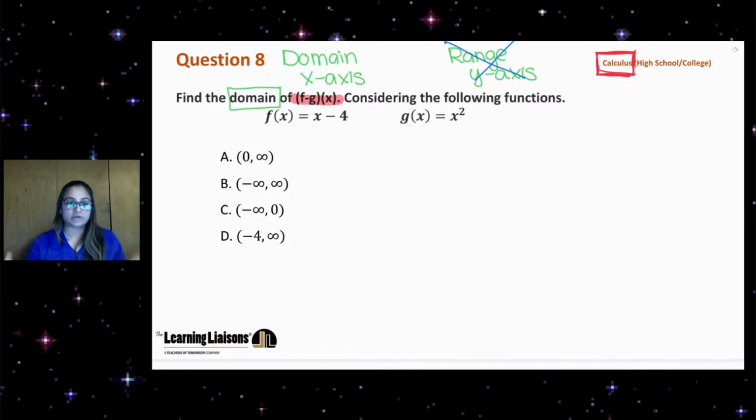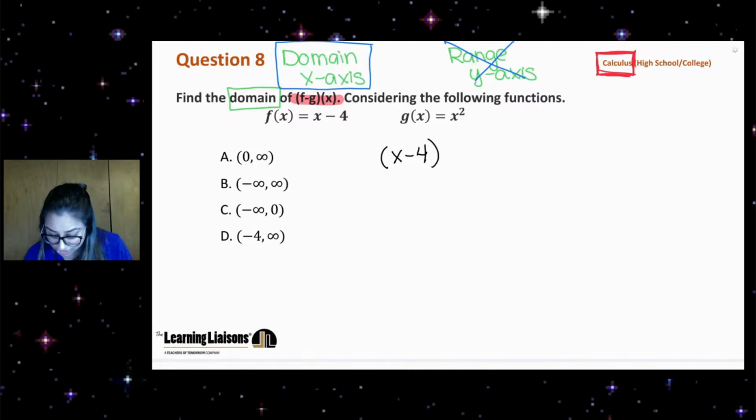So we need to figure out what the domain is for the function f minus g of x. So let's start figuring out what f minus g of x will look like. So f is x minus 4, minus g of x, which is x squared. Now you just put them together and figure out what happens.